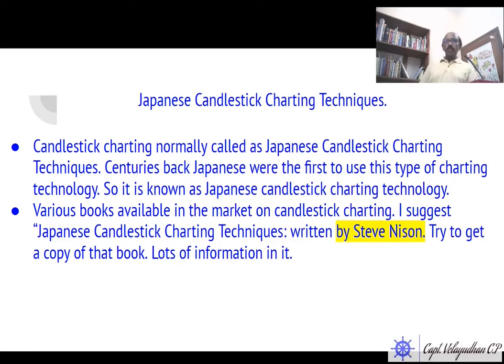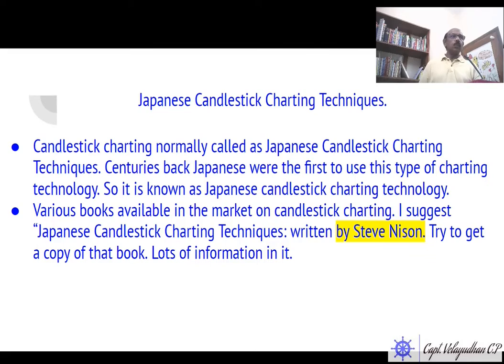Candlestick charting is normally called Japanese candlestick. Why is it called Japanese candlestick? Because centuries back, traders, especially commodity traders in Japan, learned to make candles. They drew candles and analyzed different types of candles.